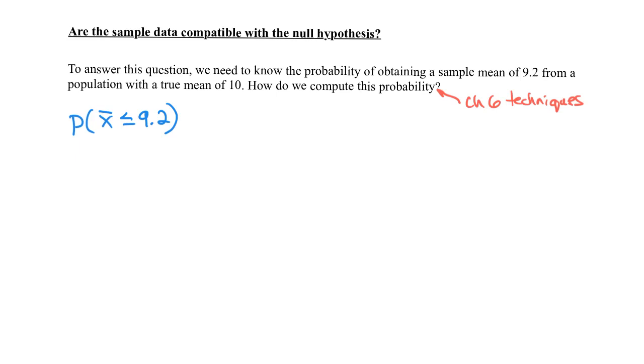Remember, this is a continuous distribution, so you can just put less than also. It doesn't matter. Adding that 1 point with a continuous distribution doesn't change the probability. So what we're going to do then is change this to a z-score, which you've already done. We want to figure out the probability that z is less than or equal to -2.